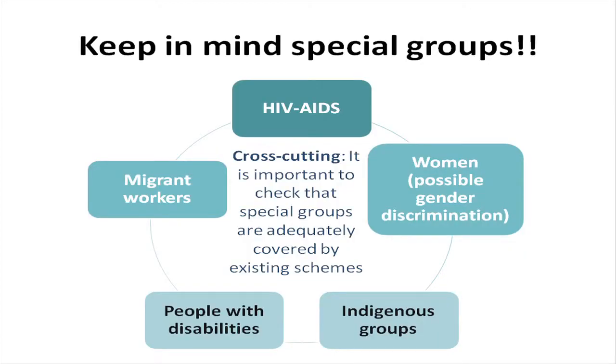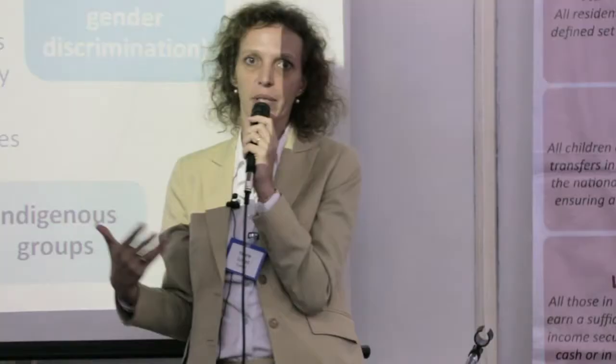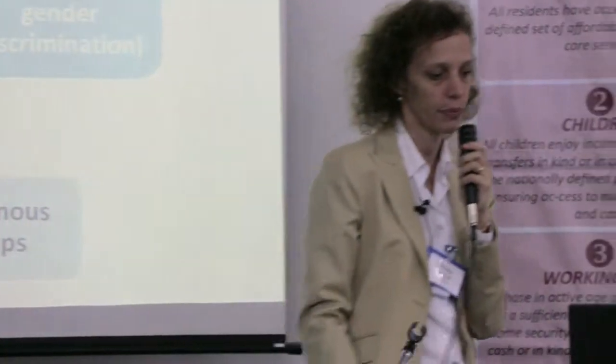We have someone from UNHCR here who will be able to talk a lot about refugees. People with disabilities, people who are indigenous or don't have any citizenship, and in some cases women for some types of schemes. We saw this yesterday.